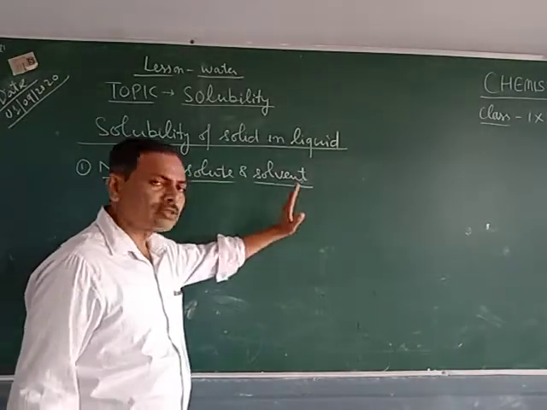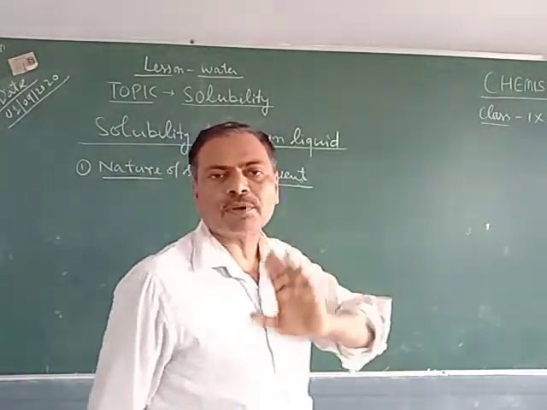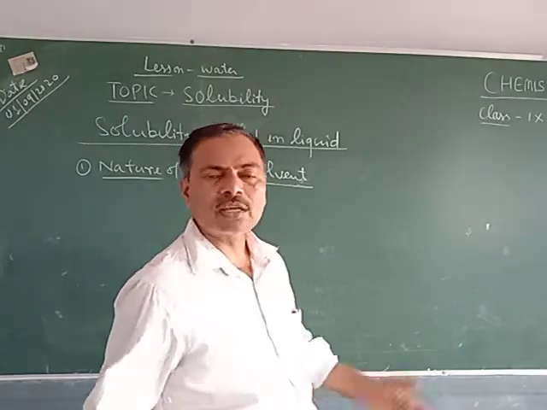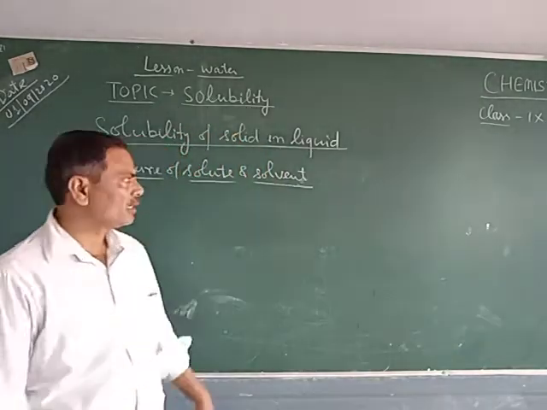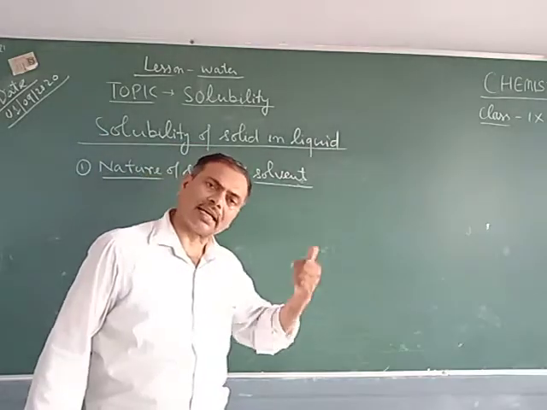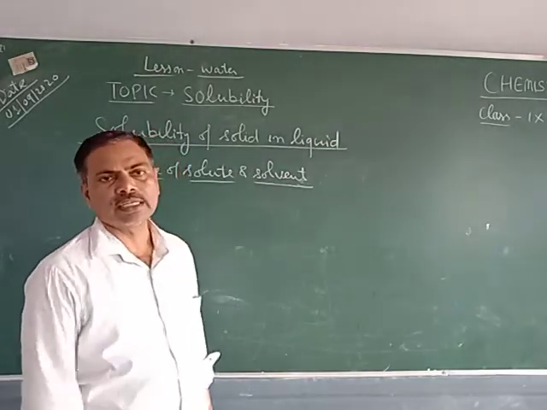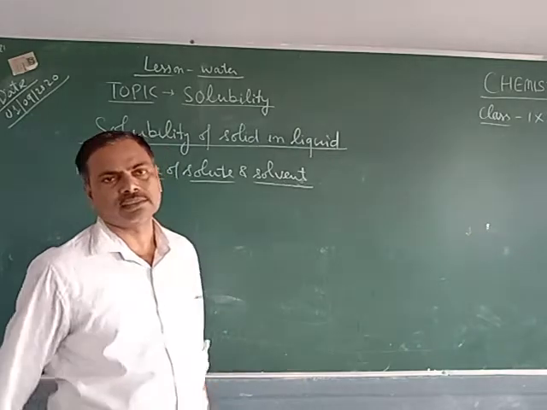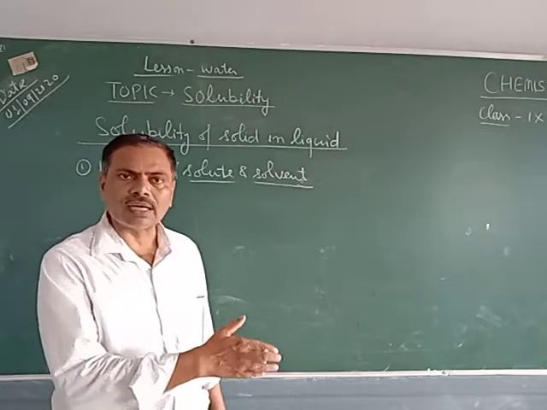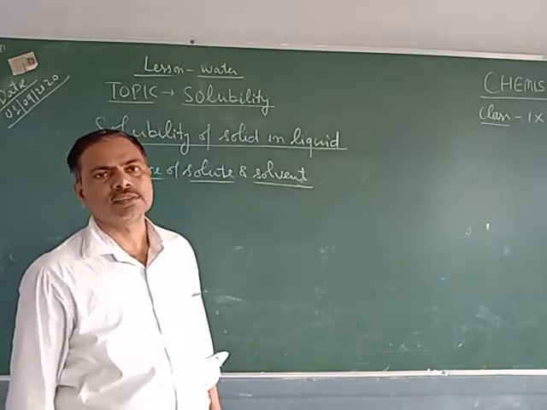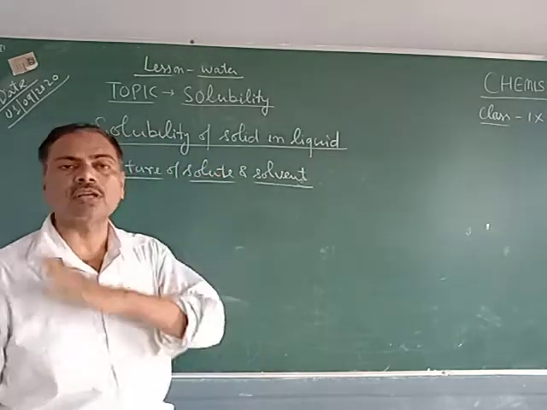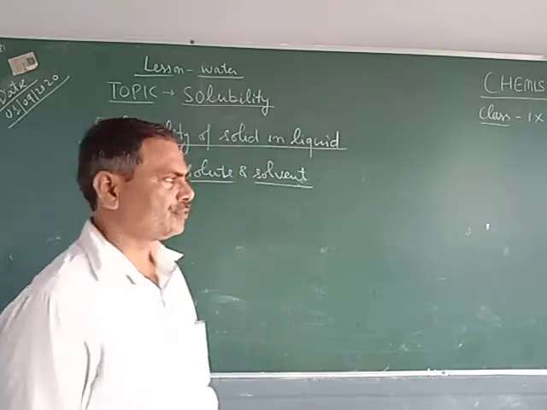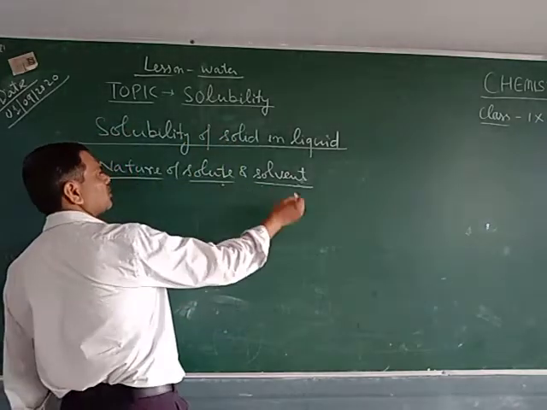If solute and solvent both are ionic compounds, the solution will form easily and solubility will be more. If both are covalent, then again solubility will be more. If they have different nature, one ionic and another covalent, then solubility will be less, or it may be insoluble. First point is nature of the solvent and solute.